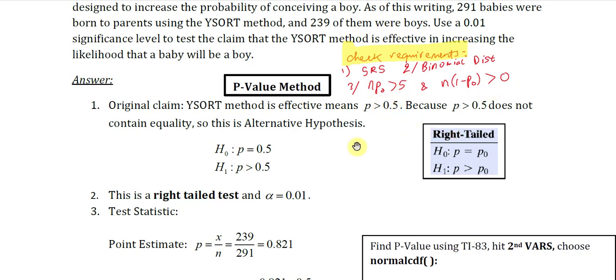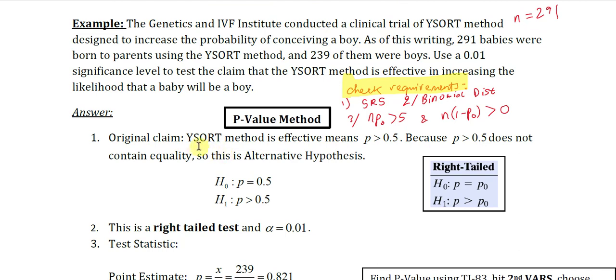Okay, so now let's use the p-value method. The original claim here is that the YSORT method is effective. Effective means that the probability of getting a boy is bigger than 50%, because when you give birth to a baby, you either get a boy or a girl.